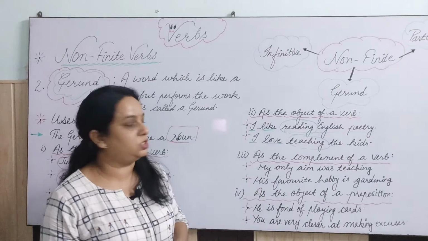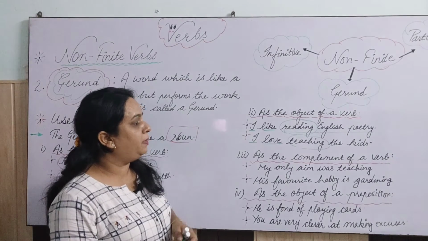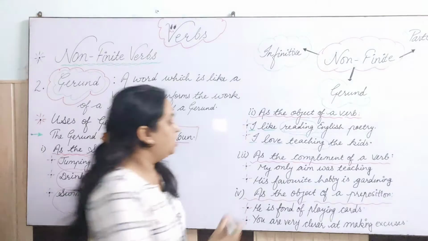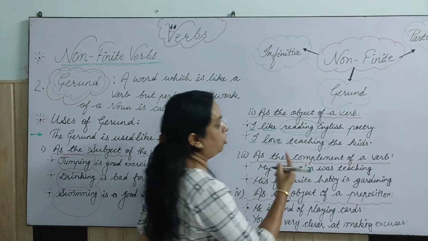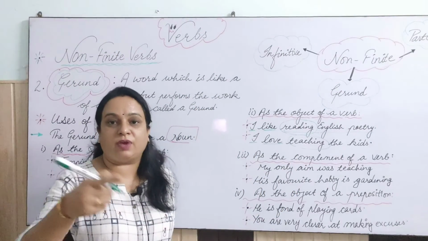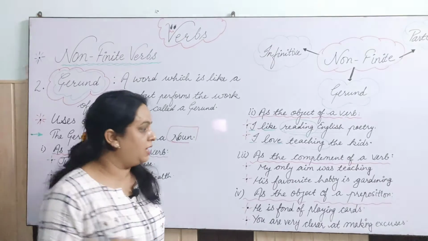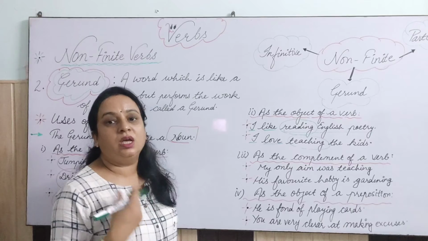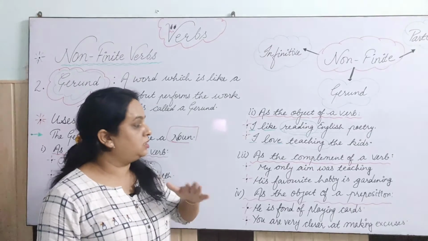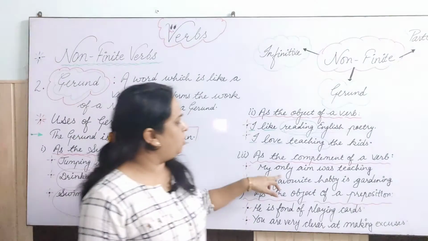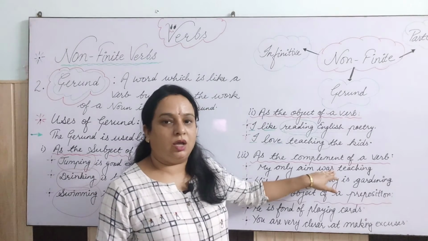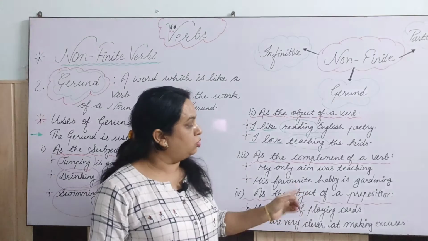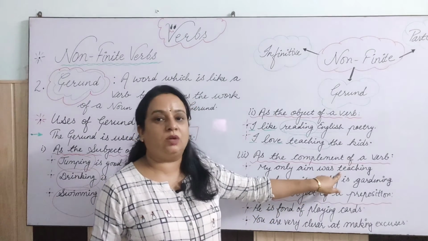That is very important. As the complement of a verb: my only aim was teaching. So what is it? It is the complement of the subject, which is joined by the linking verbs, right? And it is written in the sentence to give sense to the particular sentence. My only aim was. If we do not use this word teaching here, the meaning is incomplete. So to complete the meaning, we have used teaching.